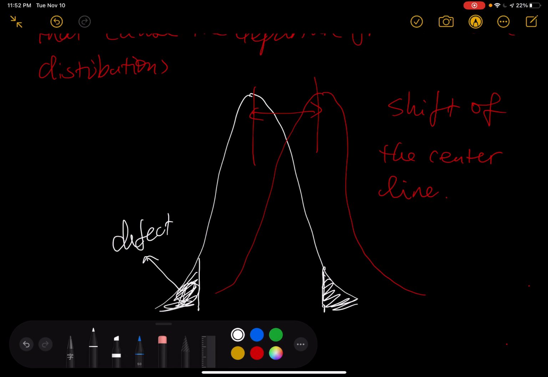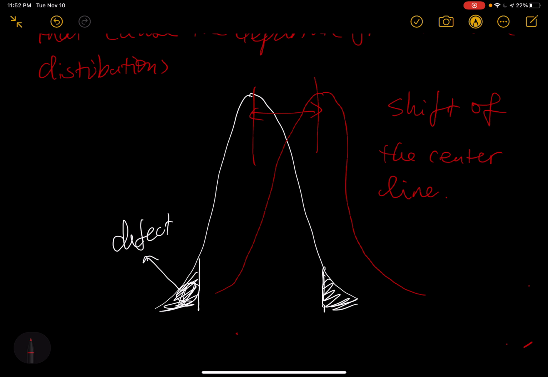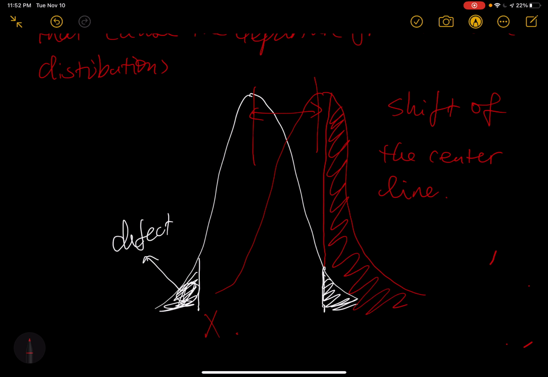However, if the real distribution is here, in the red color, for this end there probably isn't that much, but from this end, you see? Wow, this is a giant defect. That one causes lots of trouble too. That's why we need to pay attention to that.